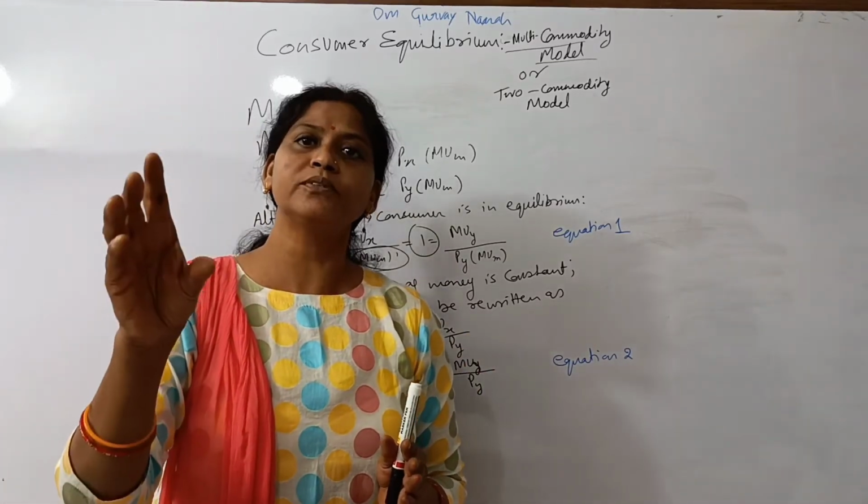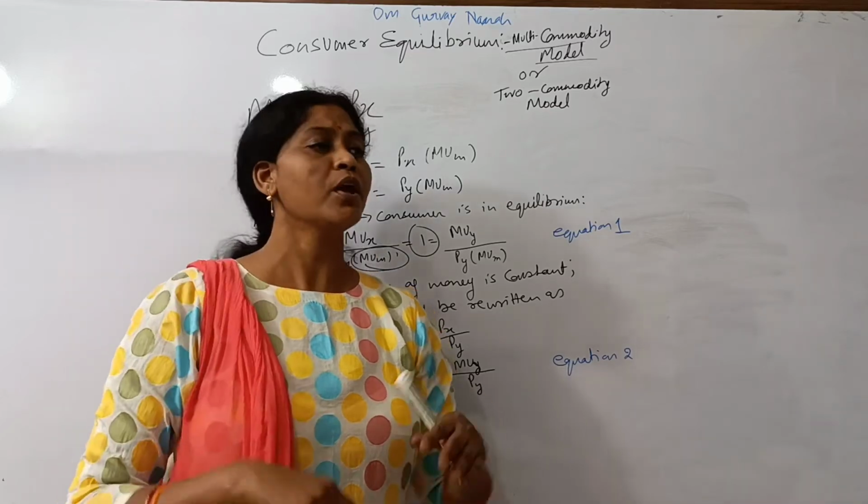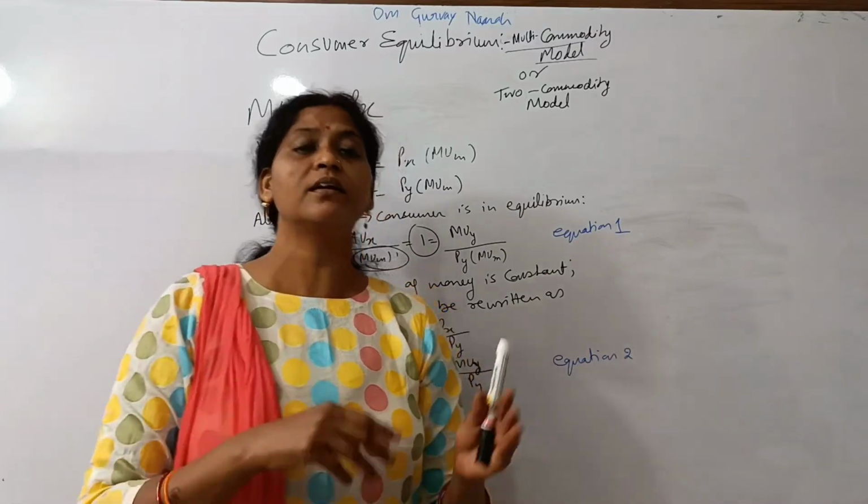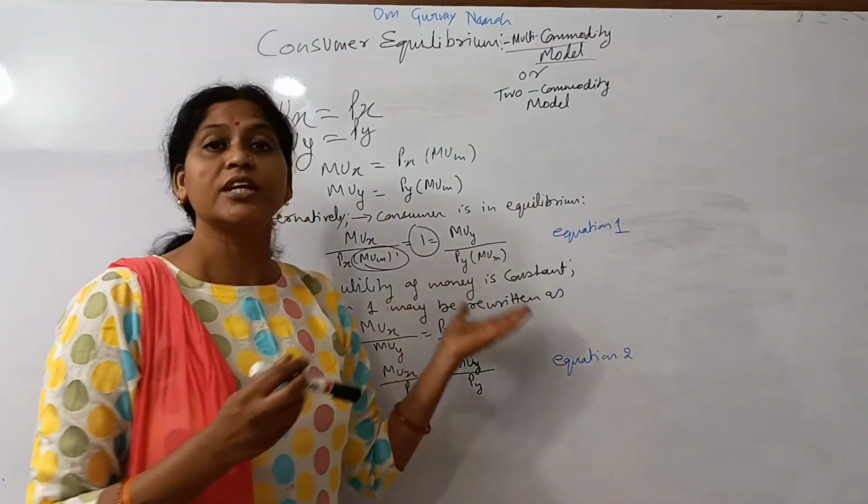Now let's suppose a consumer consumes A to Z, that means numerous commodities, goods and services.